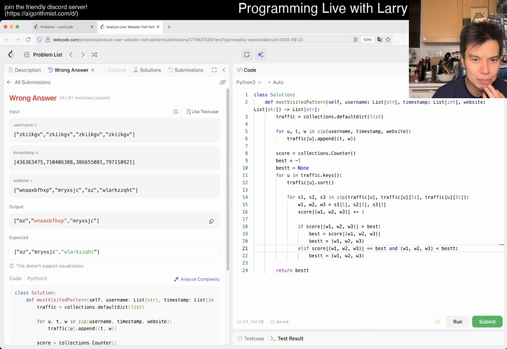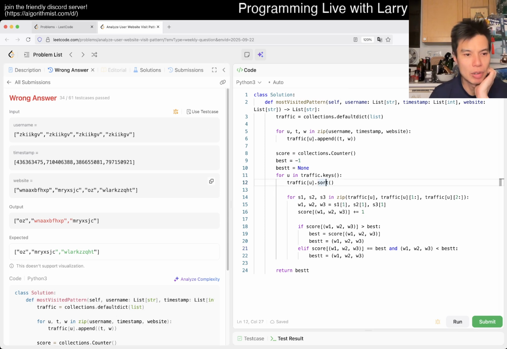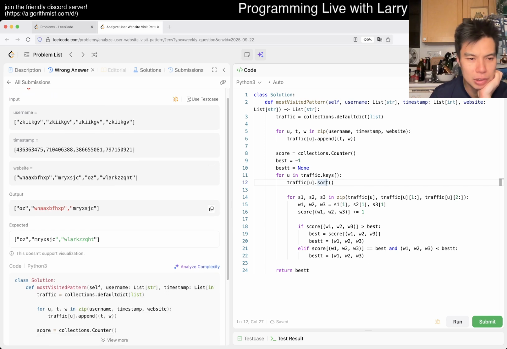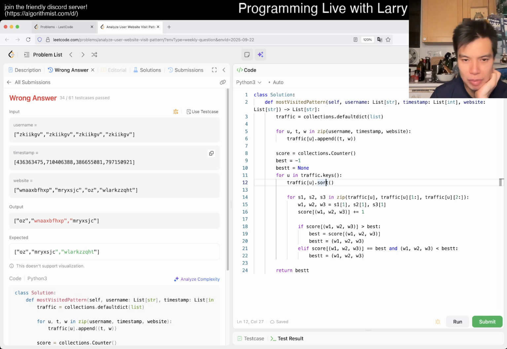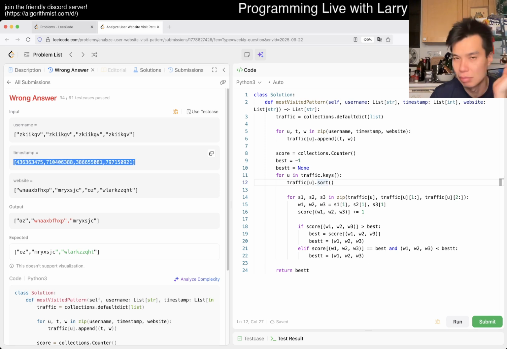And I do sort, and this should give me the timestamp. Why is this wrong? Do I do something silly by accident? Okay, I mean, first of all, timestamp is not in sorted order, which we actually expected.